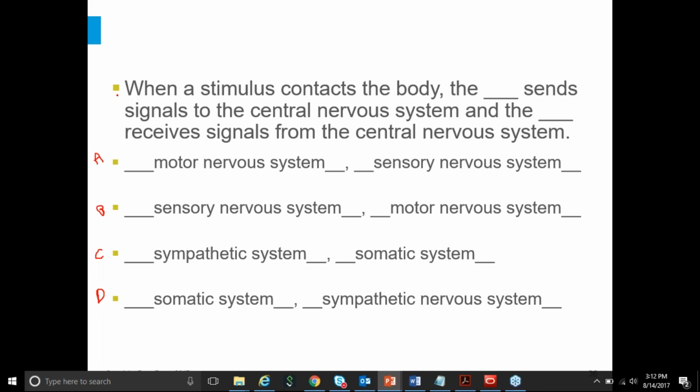When a stimulus contacts the body, the blank sends signals to the central nervous system, and the blank receives signals from the central nervous system. So which set of answers fills in these blanks in order? I'm going to let you think about it for about 10 or 20 seconds, and then we'll go over the answer.